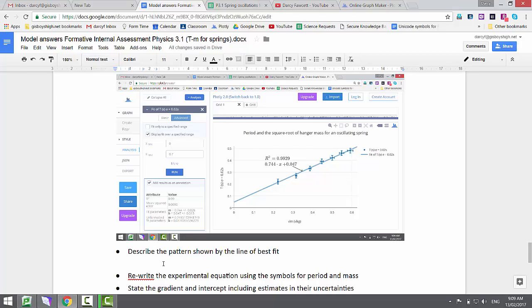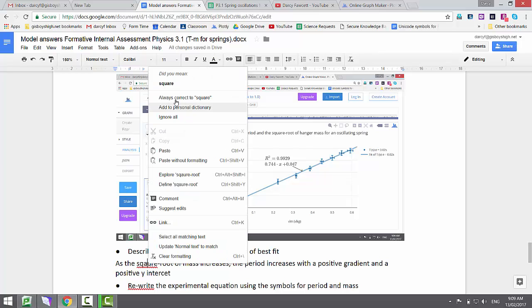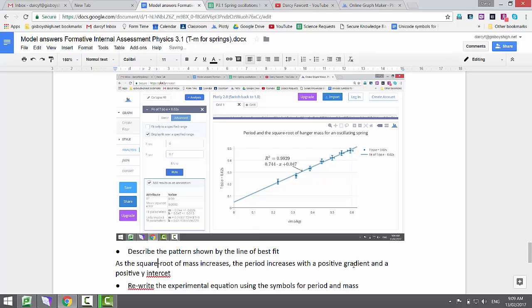Okay, so as the square root of mass increases, the period increases with a positive gradient and a positive y-intercept. And it's constant as well.